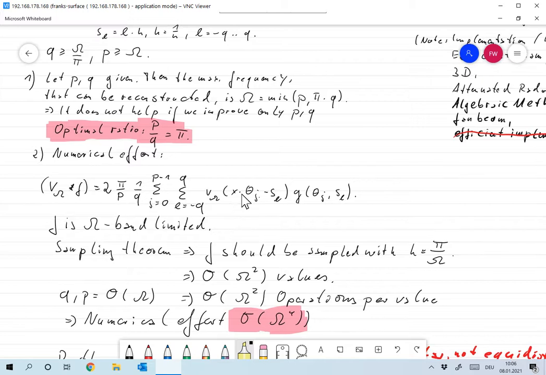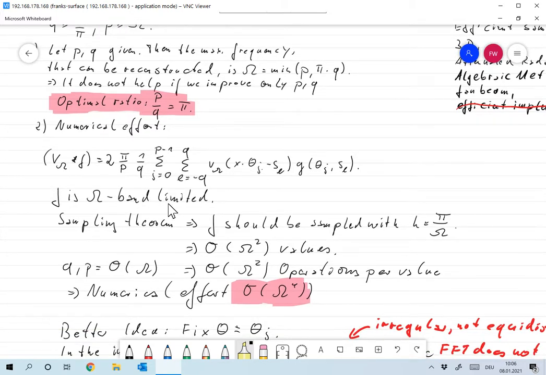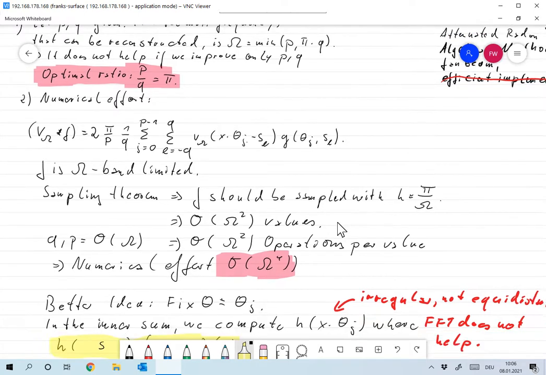So first we observe that f is omega band limited. So the sampling theorem tells us that f should be sampled with a spacing of pi over omega. We have capital O of omega squared values at which we need to evaluate f. And for each evaluation, as I just said, we have to compute this double sum over here.